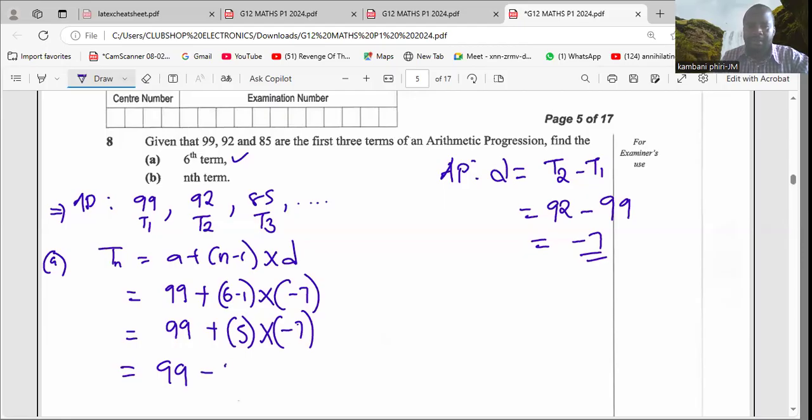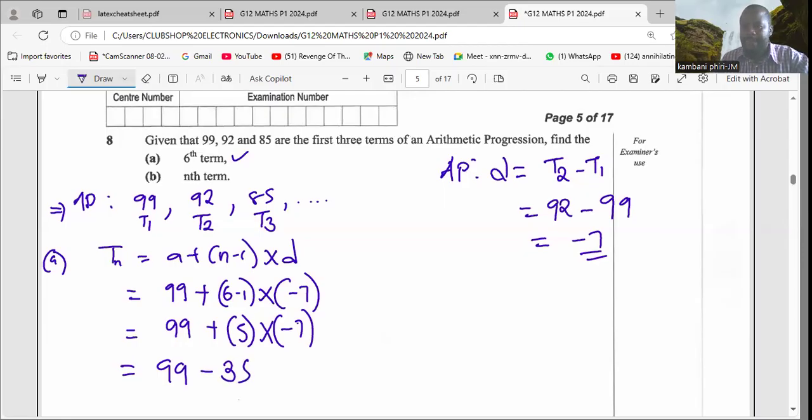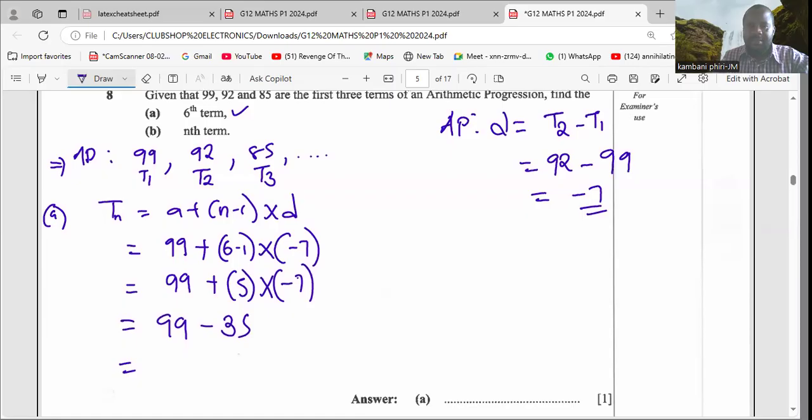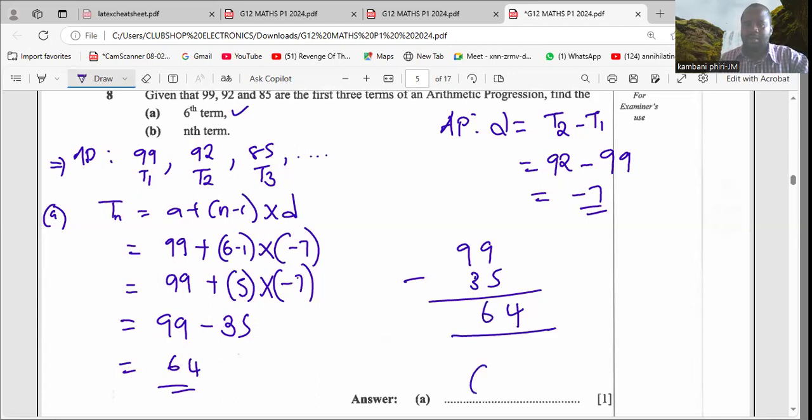Mind you, you don't have a calculator. So 9 minus 5, that is 4. 9 minus 3, that is 6. So this will be 64.